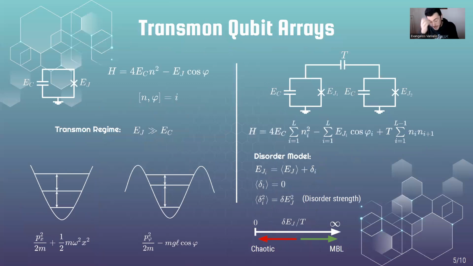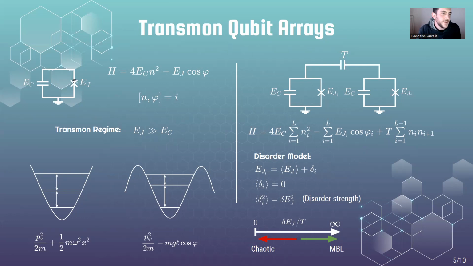So having all these expectations from the phenomenology of MBL, we want to verify these expectations in some actual physical system, which is relevant for quantum computation. And one prime candidate for such a platform is the transmon qubit arrays. So let's start by saying what I mean by that.